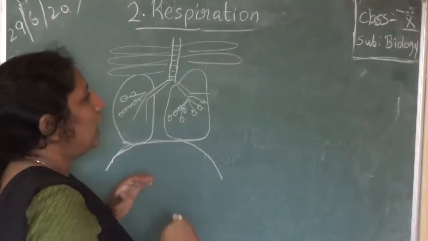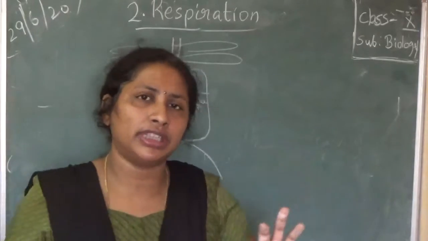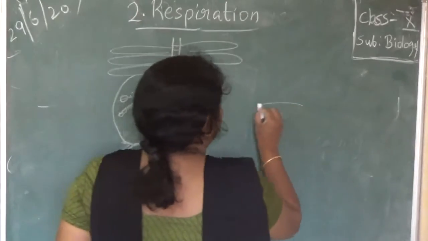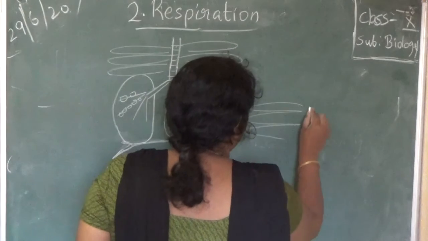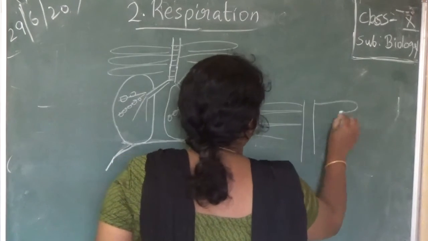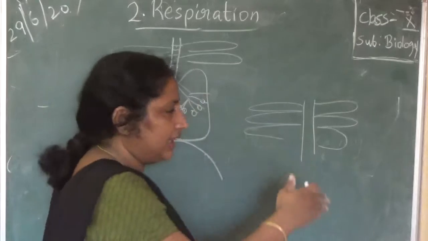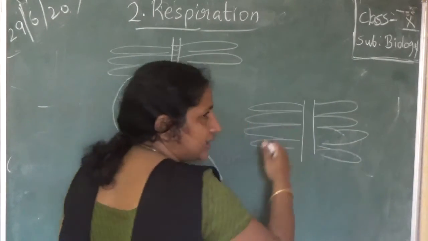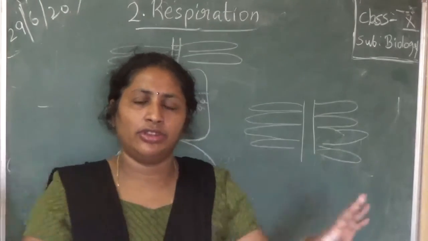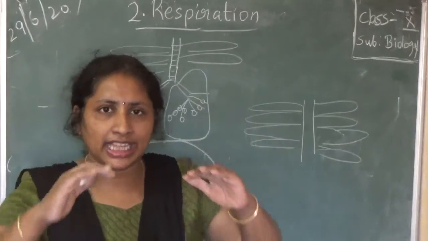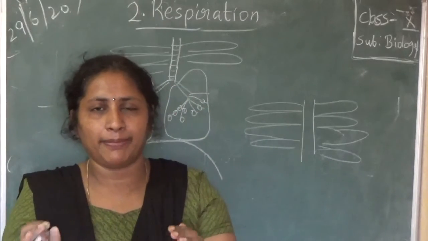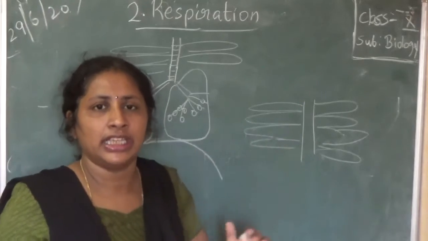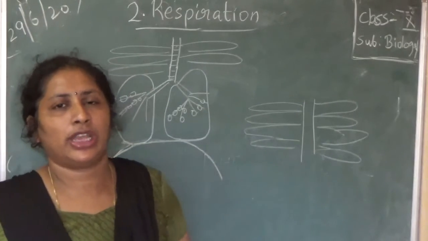If you remove the lungs and only imagine the rib cage, there will be some empty space behind the back side of the rib cage. That space is called the thoracic cavity.